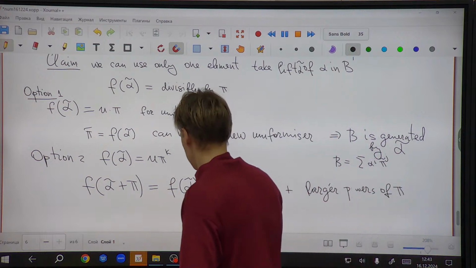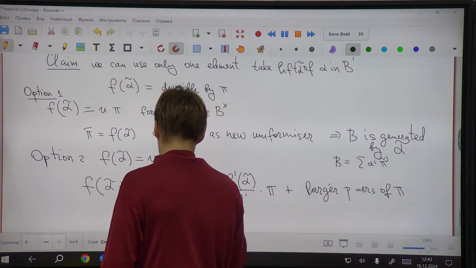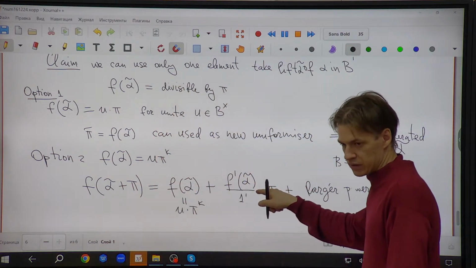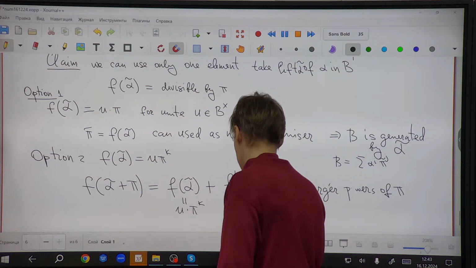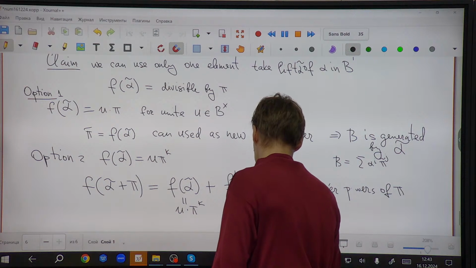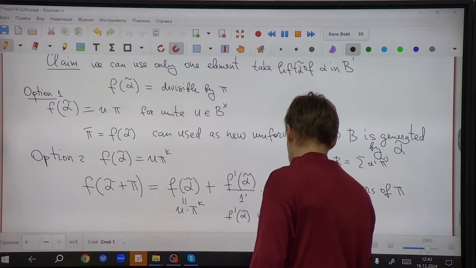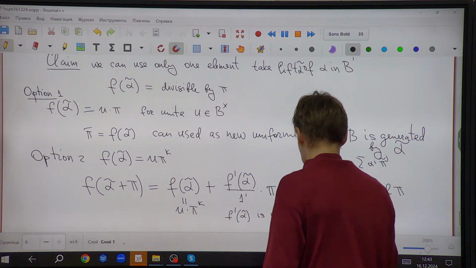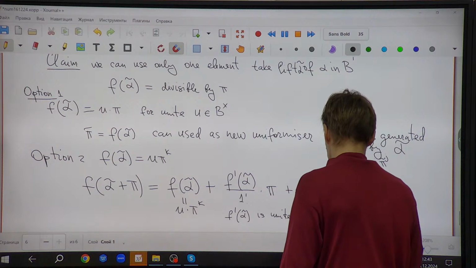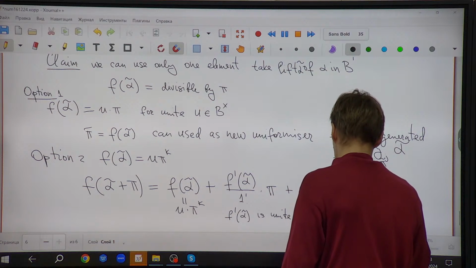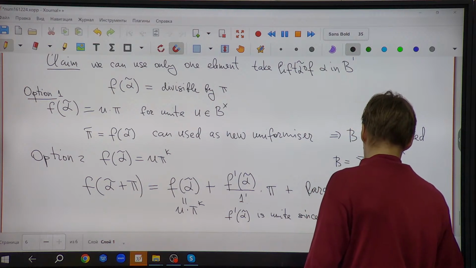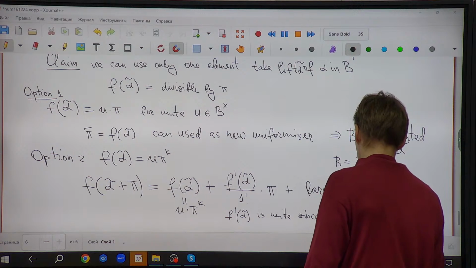But this has valuation u to the power k, and this is an invertible element. So f prime of alpha is a unit, since after reduction mod p it is not zero in B mod beta.